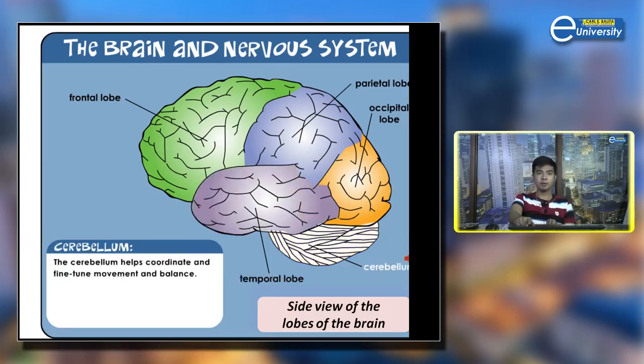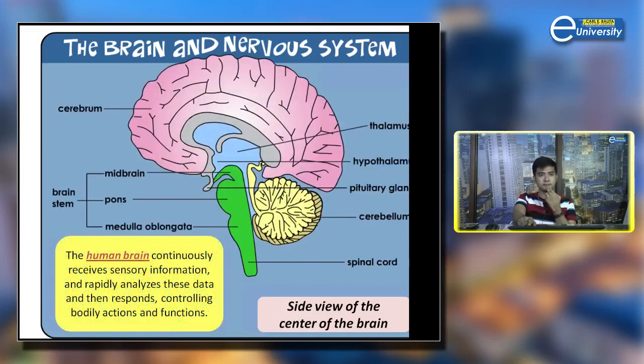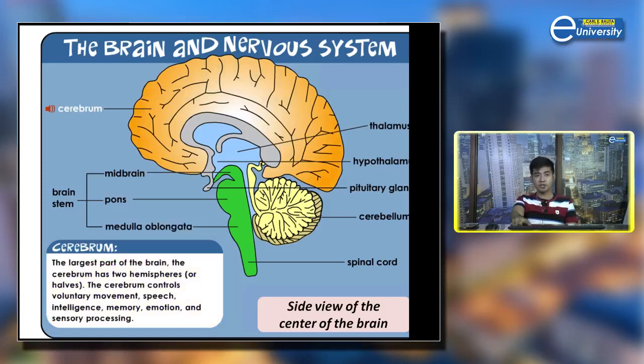And we have the cerebellum. The cerebellum is the part of the brain which is responsible for coordination, fine movement, and balance. The human brain continuously receives sensory information, rapidly analyzes this data, and then responds, controlling bodily actions and functions.